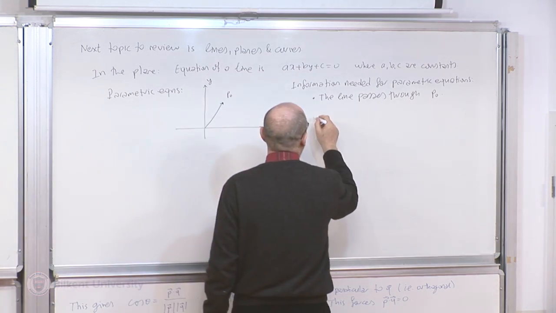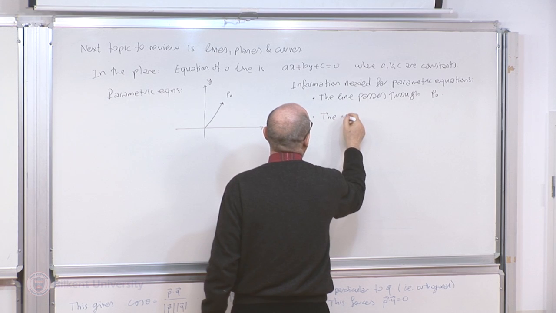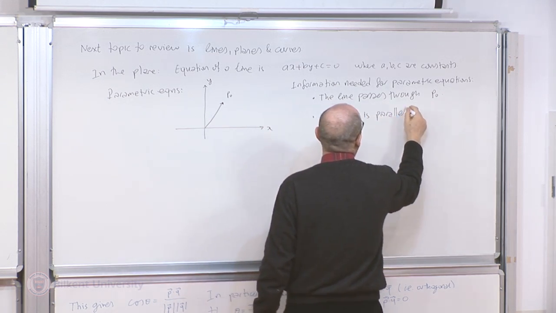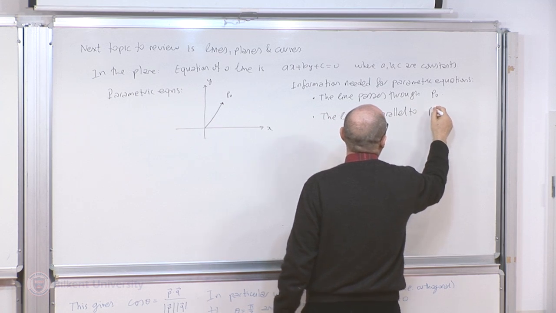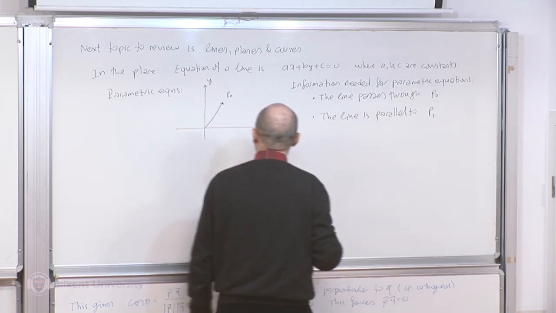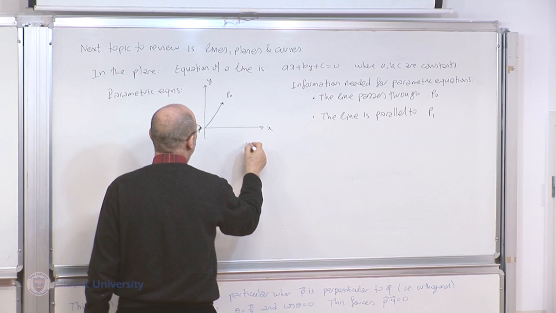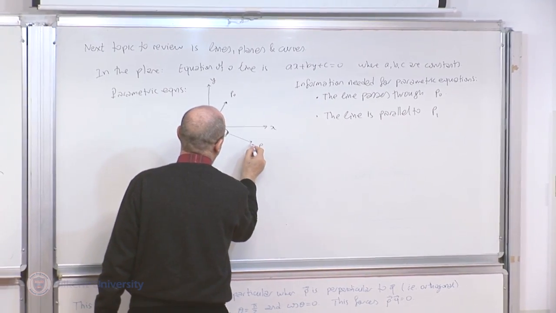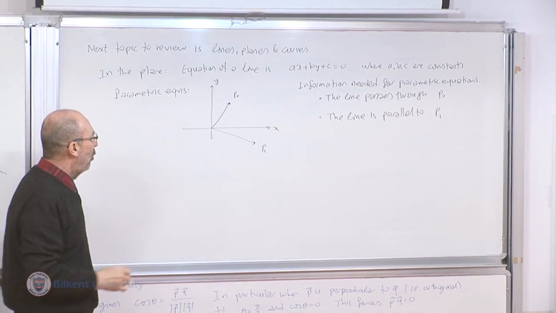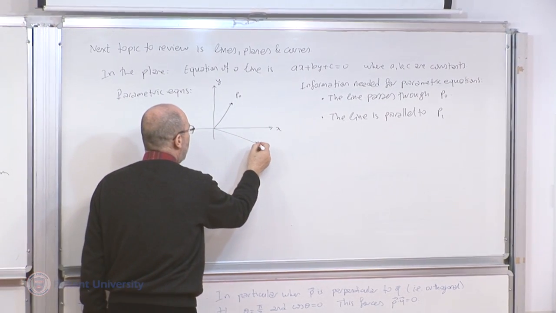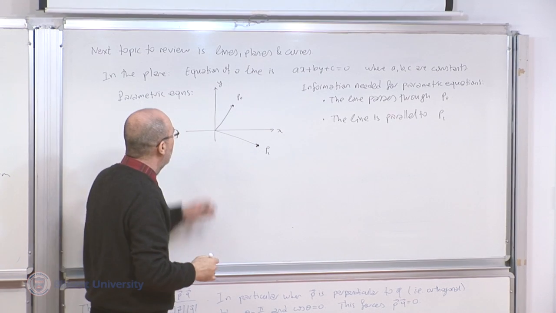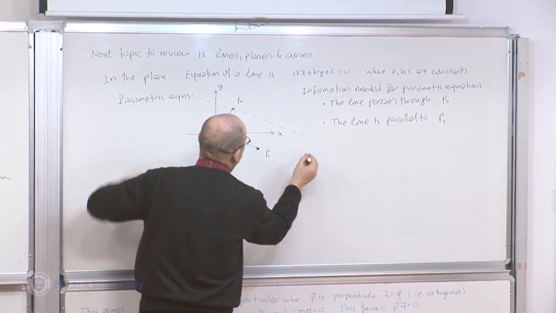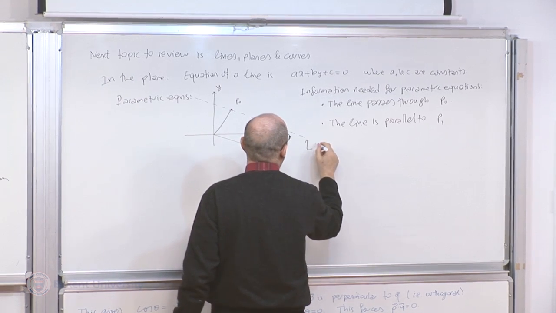And the direction: the line is parallel to some vector, let's say P1. So P1 is some vector here, and it is this vector. You see that all vectors start from the origin. So our line is something like this. This is our line.